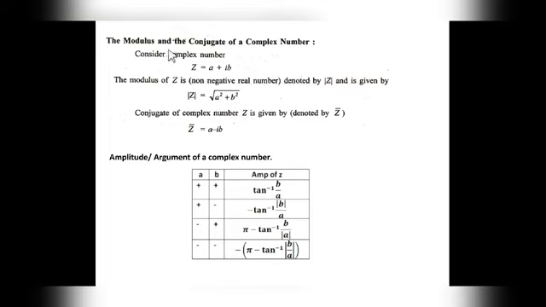Now, the modulus and the conjugate of a complex number. Let's consider one complex number z is equal to a plus ib. The modulus of z is a non-negative real number, denoted by mod z, and mod z is equal to square root of a square plus b square, where a and b are real numbers. The conjugate of a complex number z is given by z bar is equal to a minus ib.